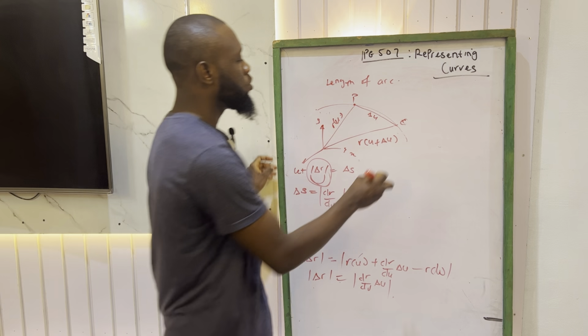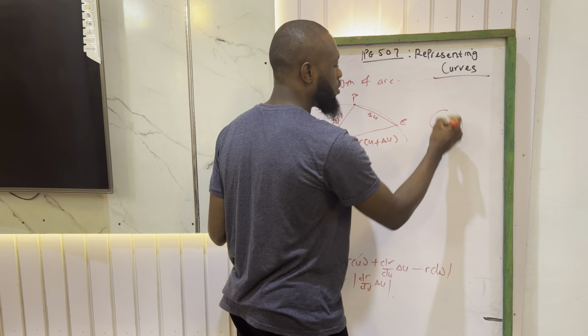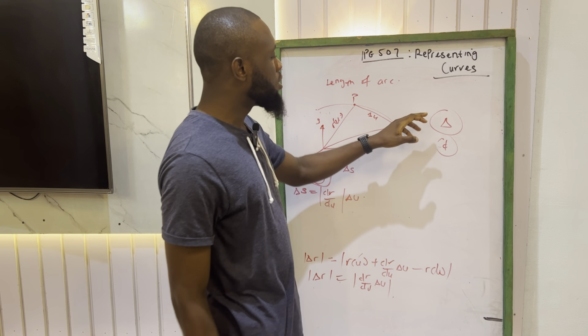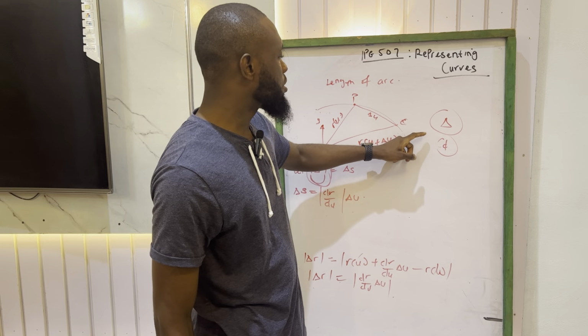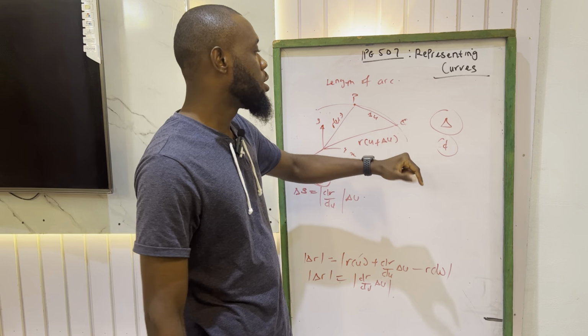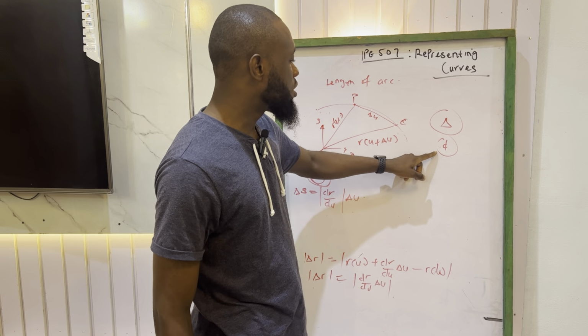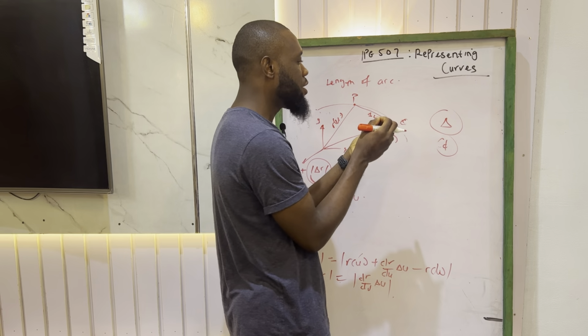Before we go, there's a fundamental difference between delta and D. They both mean change, but delta does not necessarily mean a small change, at least not always, while D means an infinitely small change, a very tiny change.